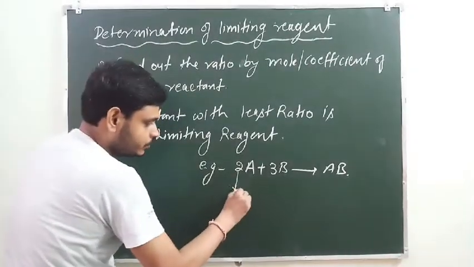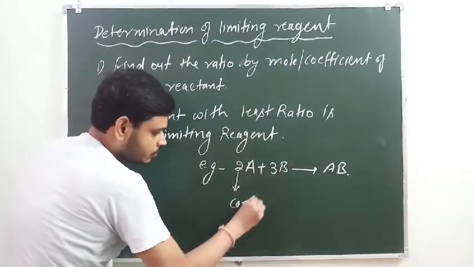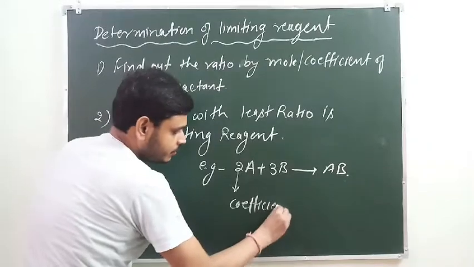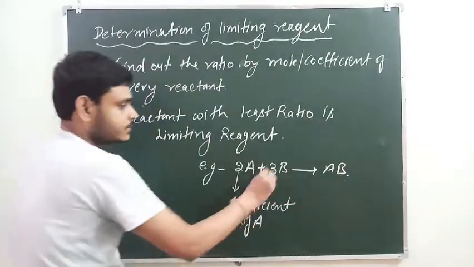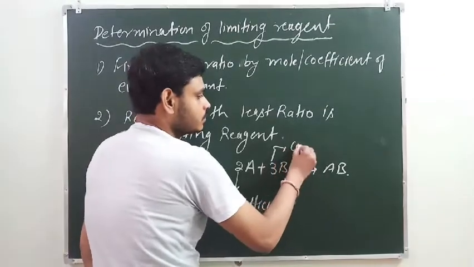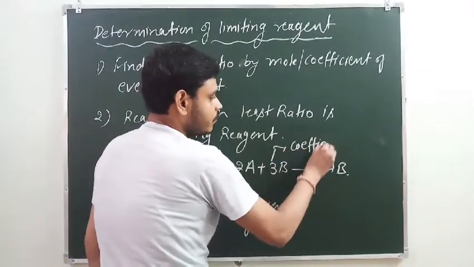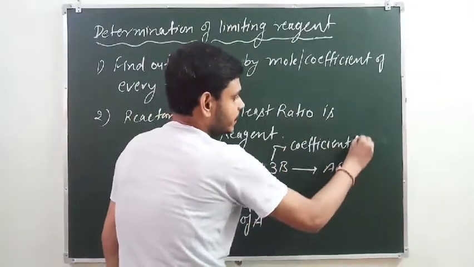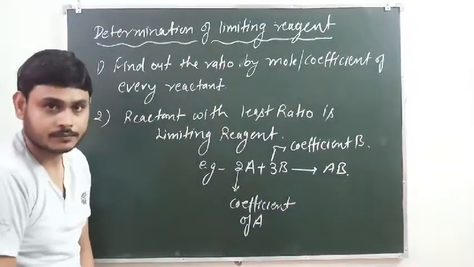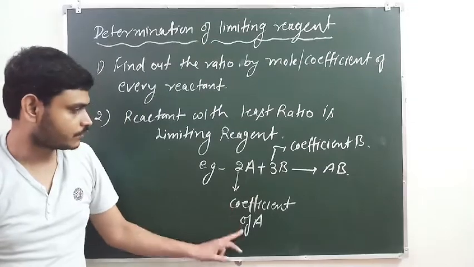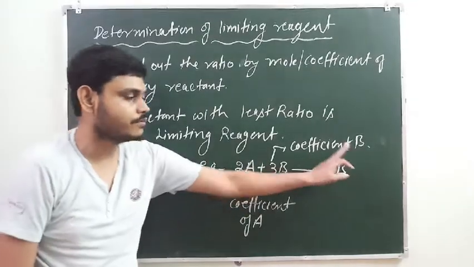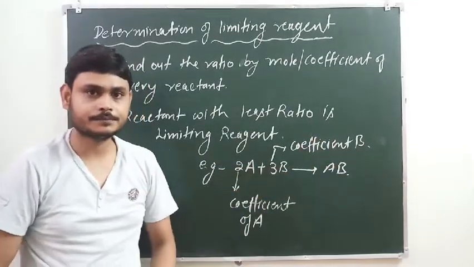And here 2 is the coefficient of reactant A and 3 is the coefficient of reactant B. Clear? What is the coefficient? 2 is the coefficient of A and 3 is the coefficient of B. Clear?